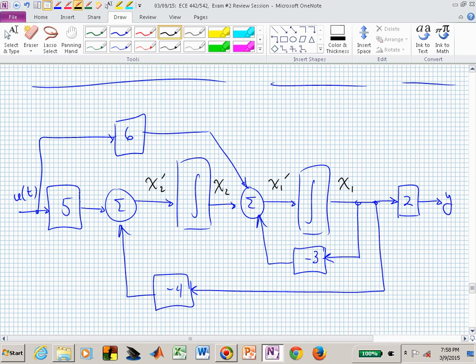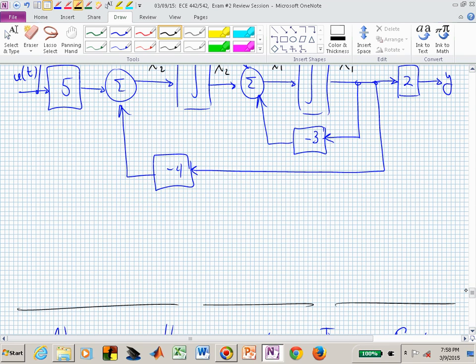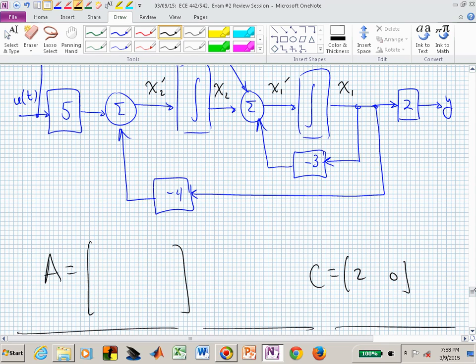And your output matrix looks like that. And your A matrix, do I dare do this? x1 prime is just minus 3 times x sub 2, and x2 prime is minus 4, 0.